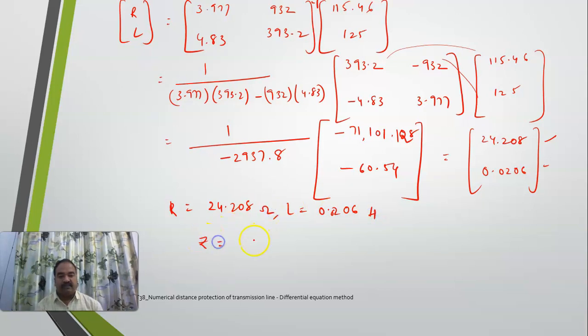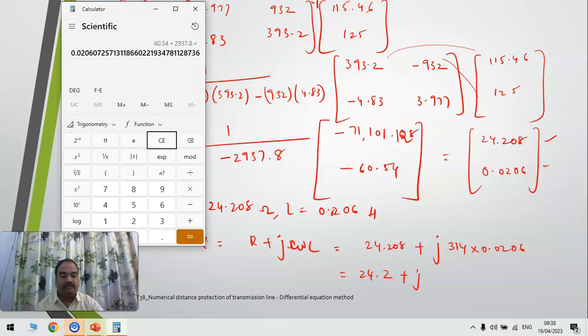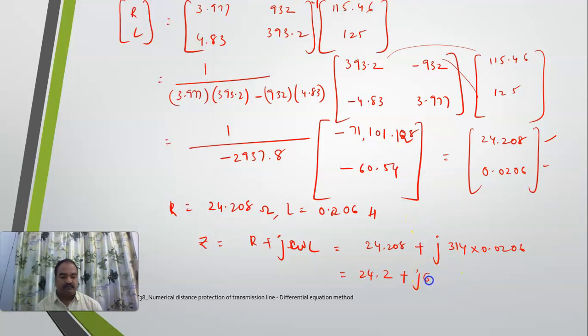Now if you want Z, R plus j omega L: R is 24.2 plus j, it is 314 into 0.0206. So I'll get 24.2 plus j 6.47.